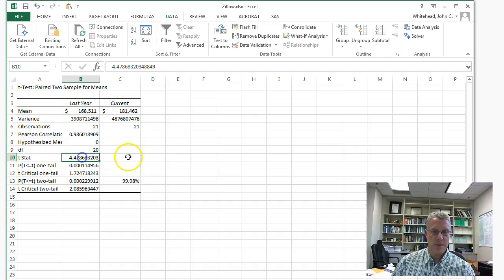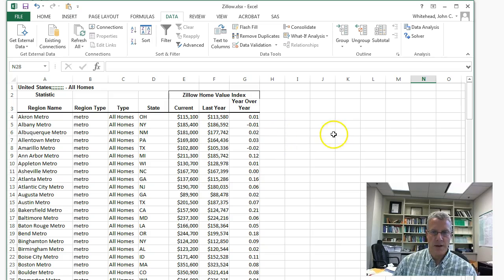This T statistic is going to be higher than the next statistic that you estimate because of the correlation between these two values. We've talked about correlations in the past, but the values before and after, or last year and today, across these cities, they correlate about 99%. So that's going to affect the hypothesis test.